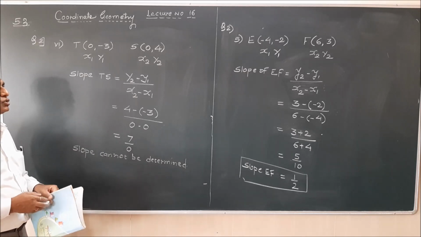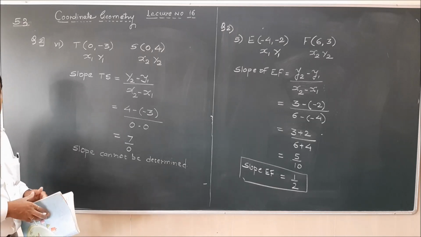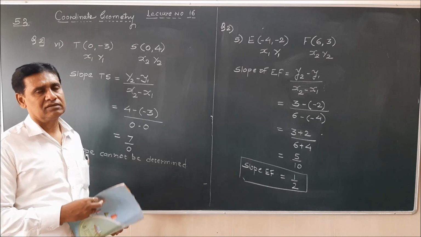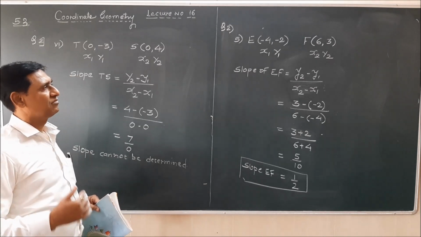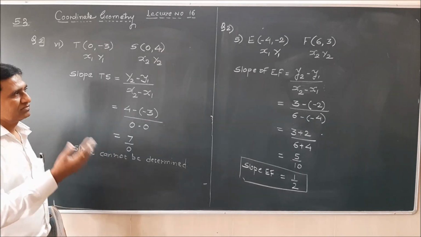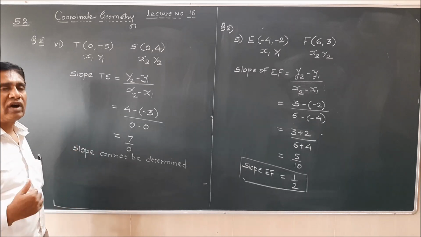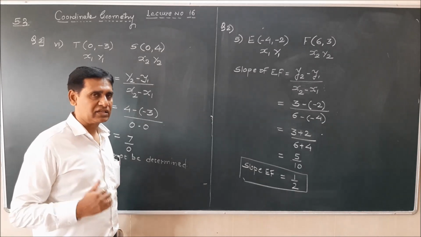So this is how we have finished question number 2. There are 6 questions in question number 2, and I have solved all of them in a very mechanical way. Every time you have to label the first point as x1, y1 and the second point as x2, y2, and the slope formula is y2 minus y1 upon x2 minus x1.